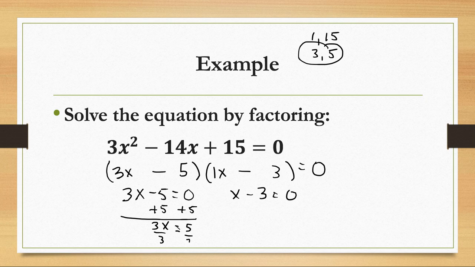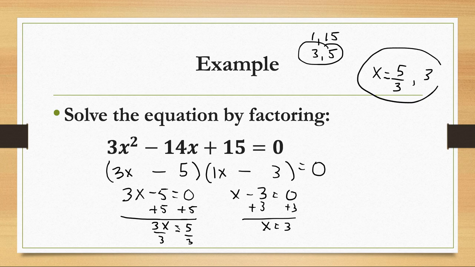So one answer is x is equal to 5/3. The other answer, I'm going to add 3 to both sides. This one's a little easier to work out, so x is equal to 3. So those are the two solutions to the problem, 5/3 and 3.